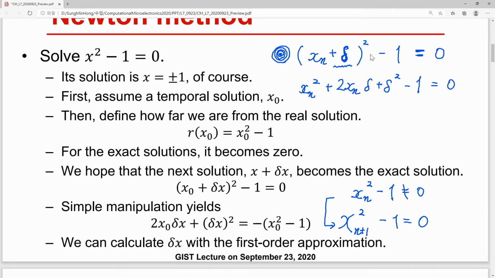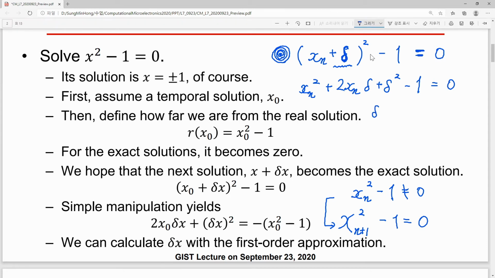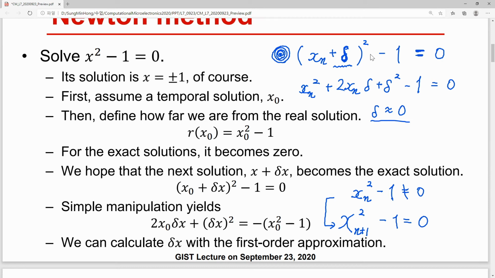But the point is, very frequently, we assume that delta is regarded as a small quantity. Once we say delta can be regarded as a small quantity, then what will happen? It immediately says that in this linear order, the square of delta can be safely neglected. It can be regarded as 0.